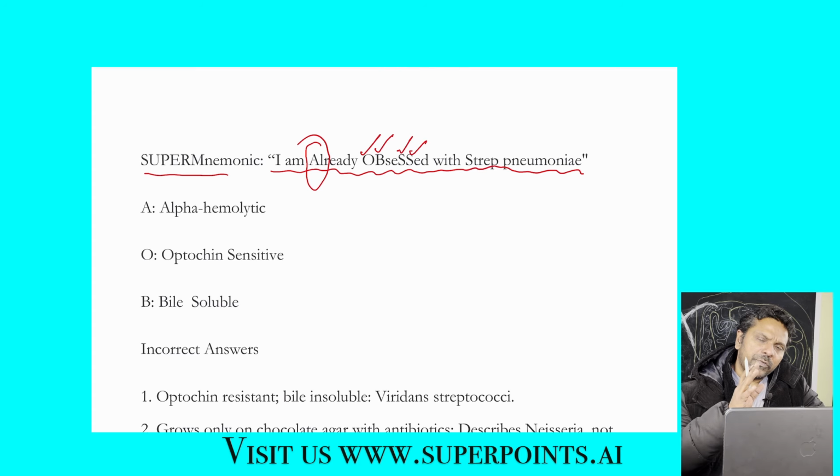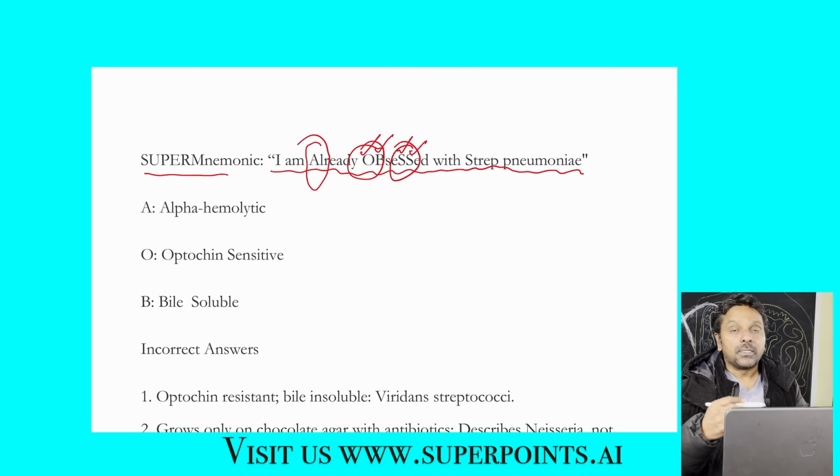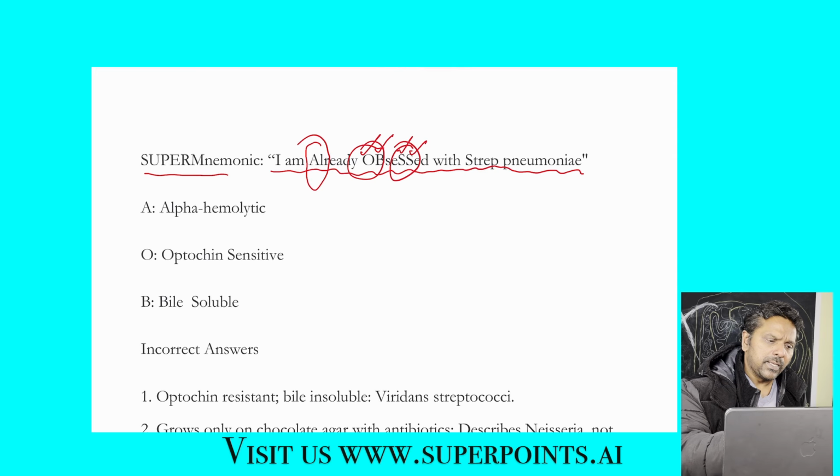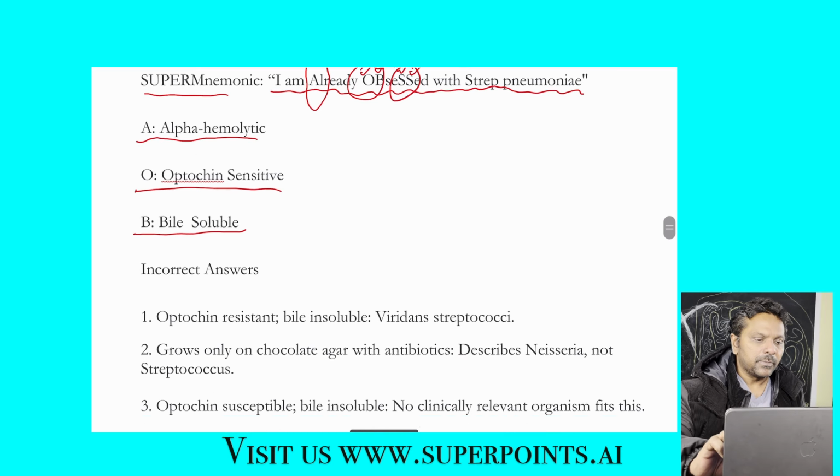So if you say many times, I'm already obsessed with Streptococcus pneumoniae, you will remember that. Just capitalize OB and SS. That's a very good mnemonic, and that's what I use in my examination. I am sure that would be very helpful to you. A for alpha-hemolytic, O for optochin sensitive, B for bile soluble.